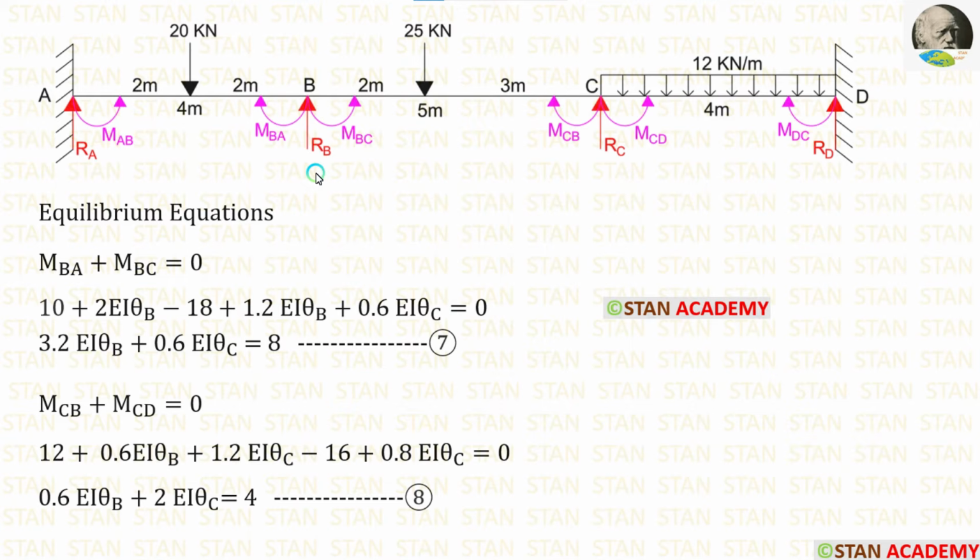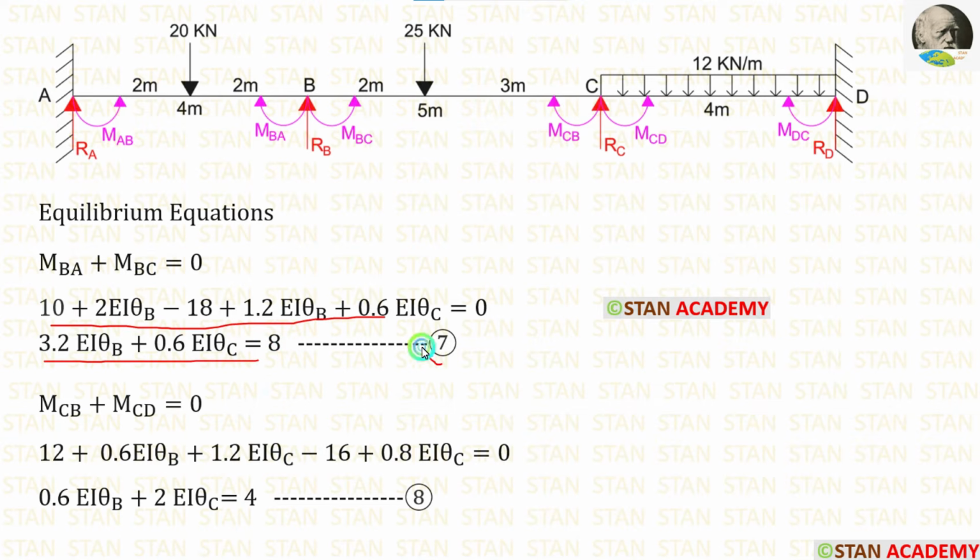Now, let us make the equilibrium equations. We already know we can make the equilibrium equations in joint B and in joint C. In joint B, MBA plus MBC will be 0. For MBA and MBC, we have already made the slope deflection equations. Let us apply them. After adding the values, we are getting the first equilibrium equation.